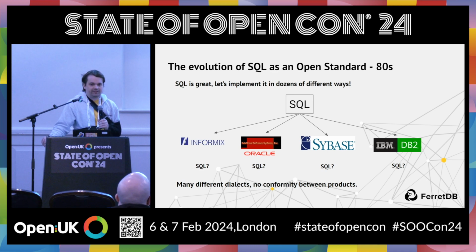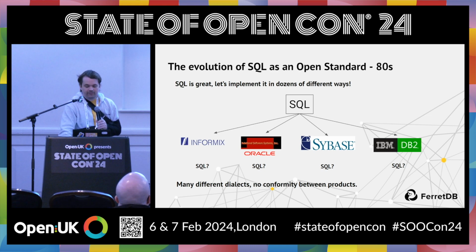It was basically impossible for you to use the same knowledge you gathered while working with IBM DB2. So there were many different dialects, no conformity between products, very different feature set. It was not possible to migrate, which is the definition of vendor lock-in.